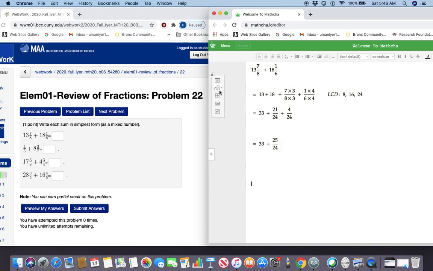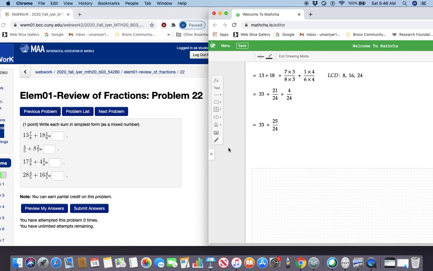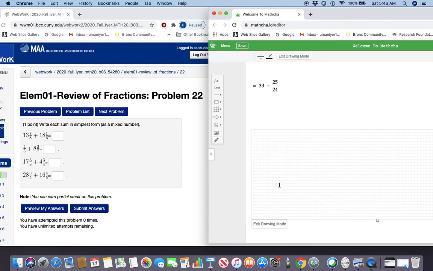So let's divide it out. 25 is in the numerator, so the numerator goes inside. I'm dividing by 24, so 24 goes outside. How many 24s go in 25? 24 times 1 is 24. When you subtract, I have a 1 left over.